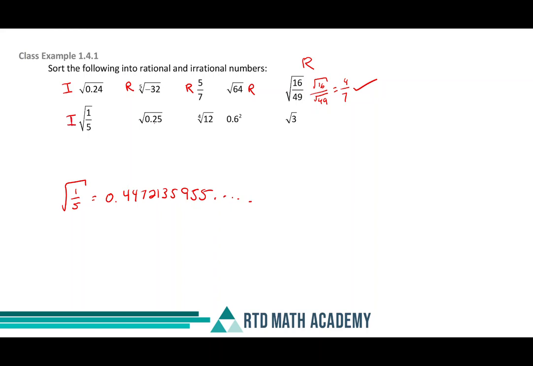Now we know that 25 is a perfect square, but it's 0.25. Let's just double check what happens when I put 0.25 into my calculator and take the square root of that. I end up getting 0.5, which is not a coincidence. We know that 5 squared is 25, so 0.5 squared is 0.25. So this is a terminating decimal, therefore it is a rational number.